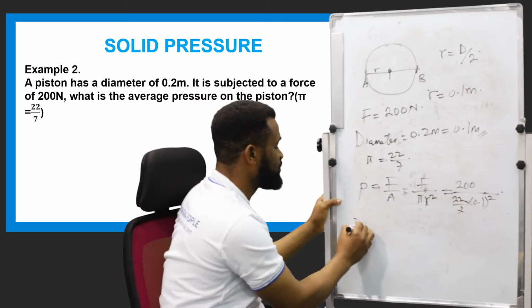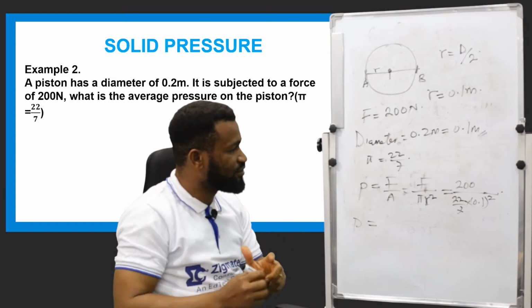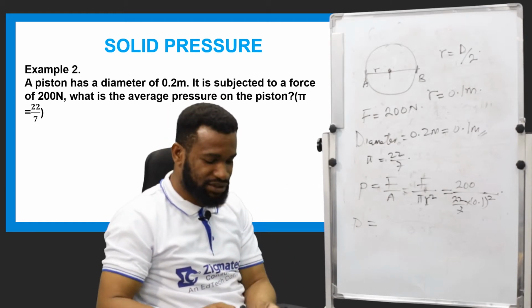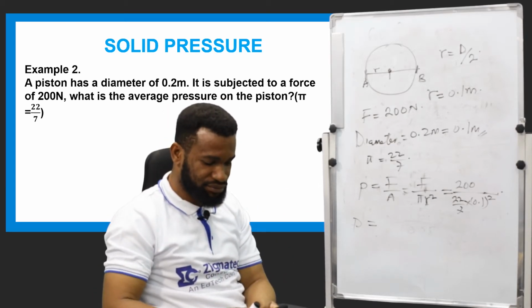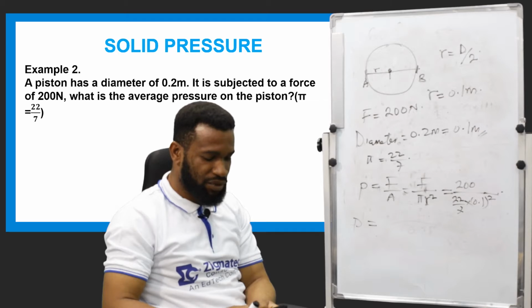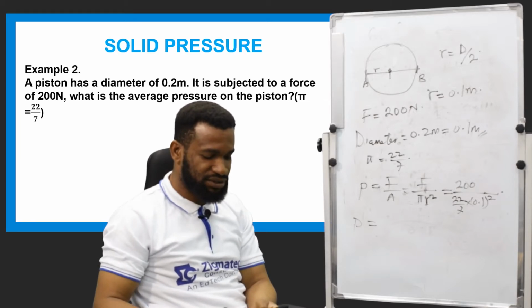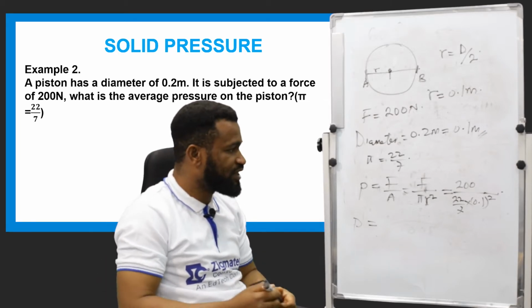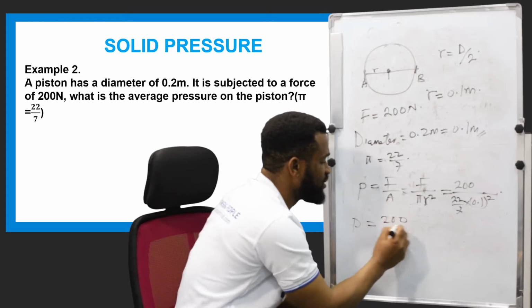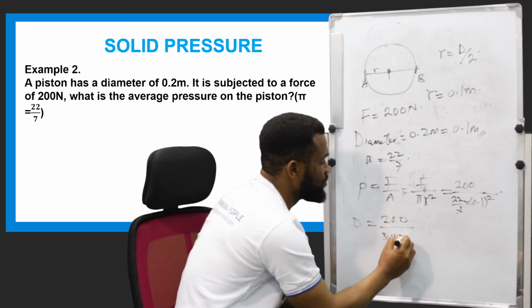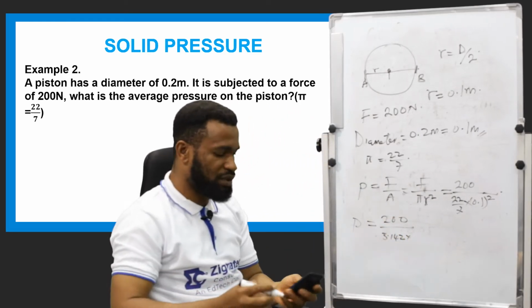So if we do our simple calculation, first let's bring this down. We have 200 all over 3.142 times 0.001.